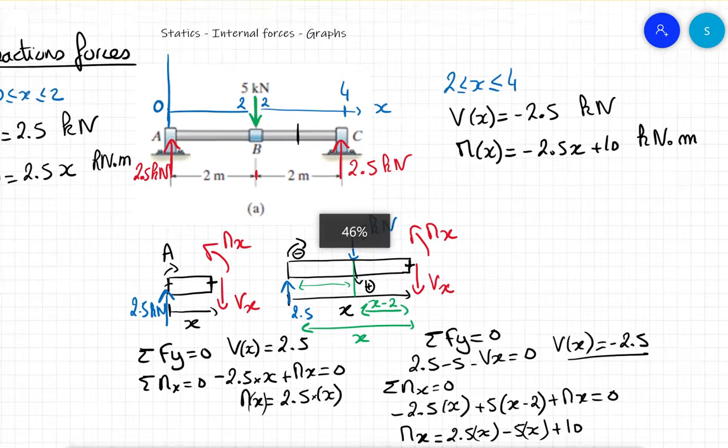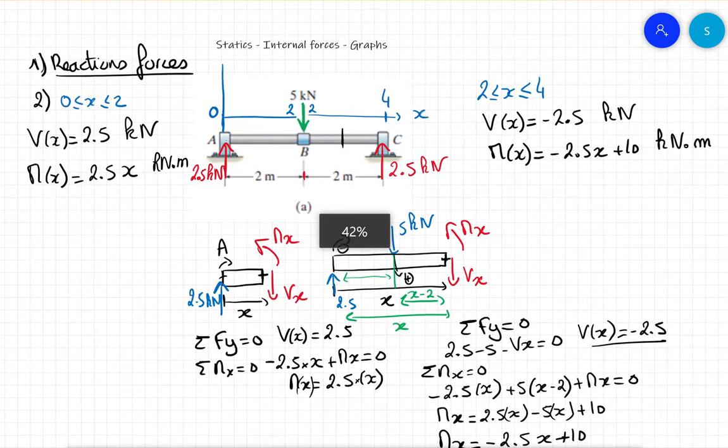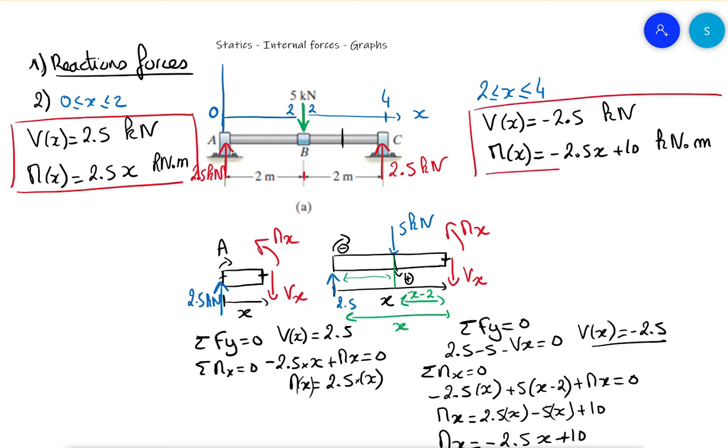Okay, so let's just see everything. Here we go. This is the function of the shearing force and the bending moment between 0 and 2 and between 2 and 4. So now we can draw that.